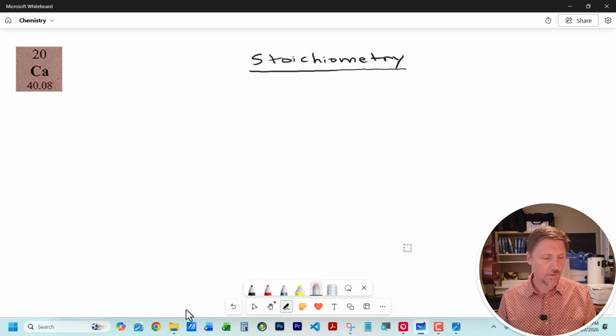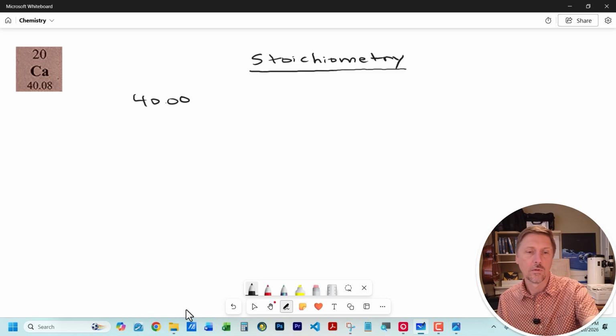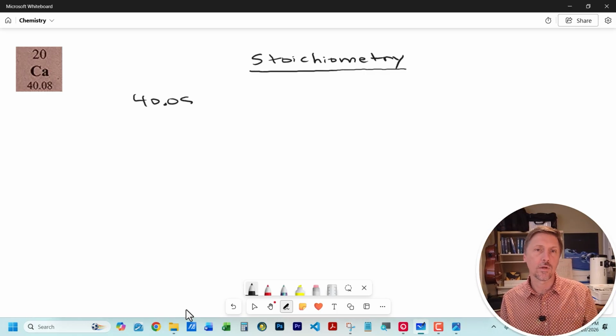All right, so how are we going to put that value to use? Well, the first thing that I want us to realize is what we just calculated, right? When we calculated 40.08 grams of calcium atoms, we found out that that equals 6.02 times 10 to the 23 atoms, right?